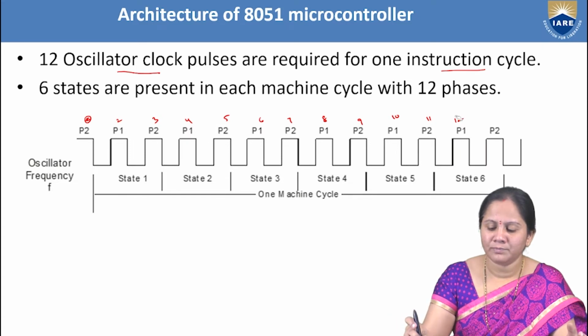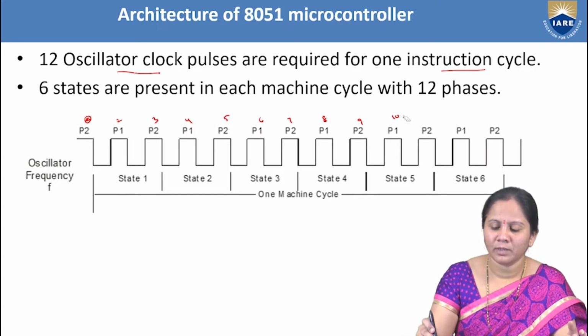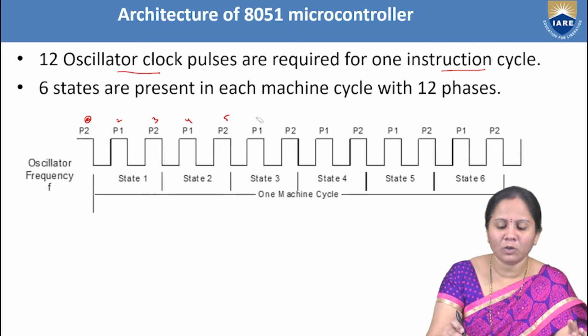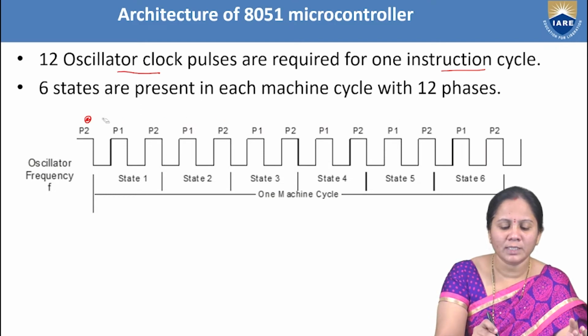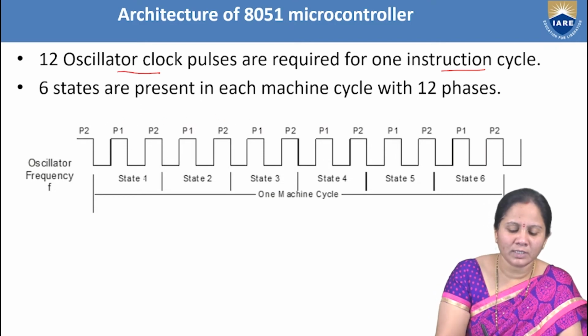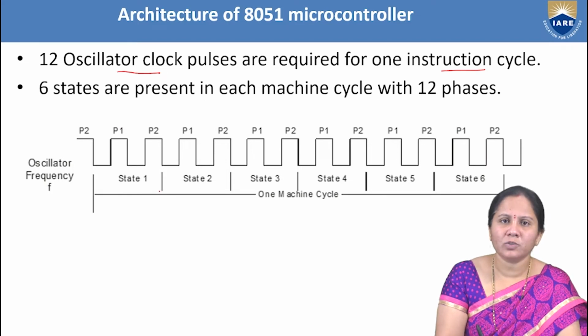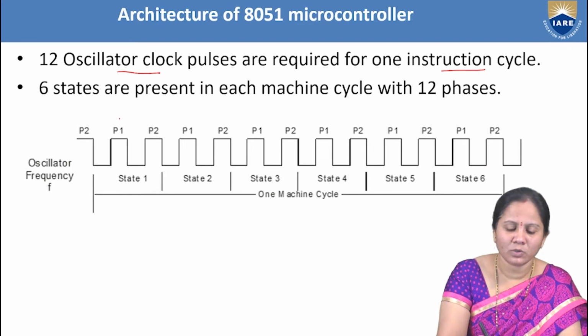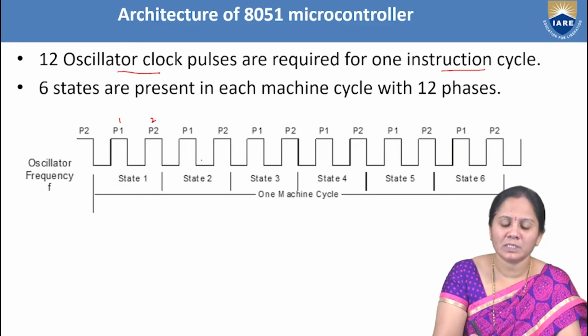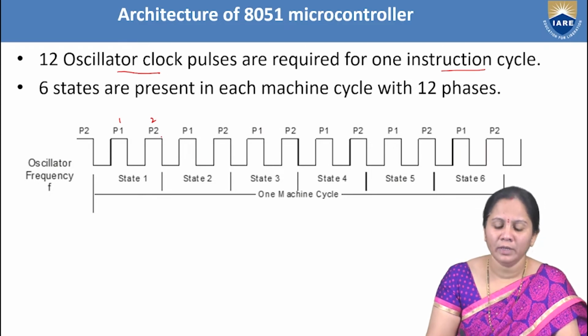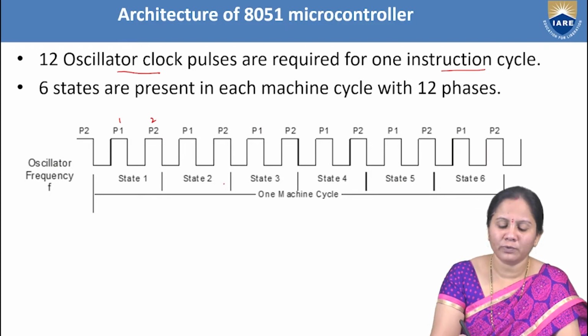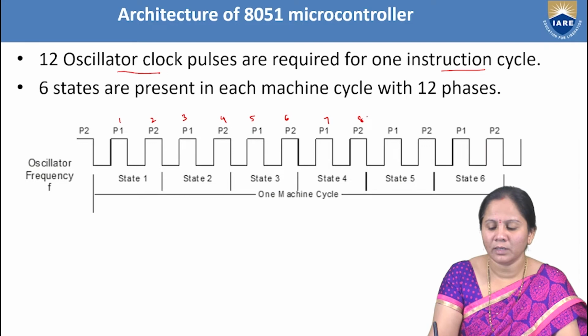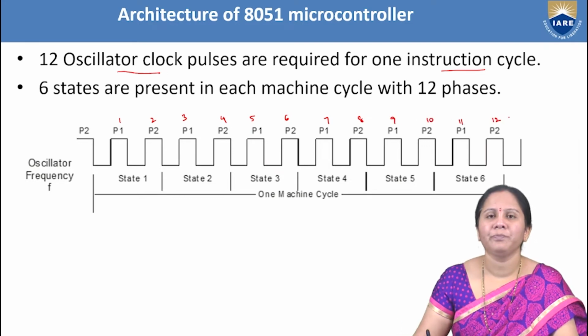Why? Because the 12 clock pulses are divided into 6 states here. State 1 consists of 2 pulses, 1 and 2, which are represented as P1 and P2. State 2 also consists of 2 pulses, 3 and 4, then state 3 with 5 and 6, and so on up to 12.